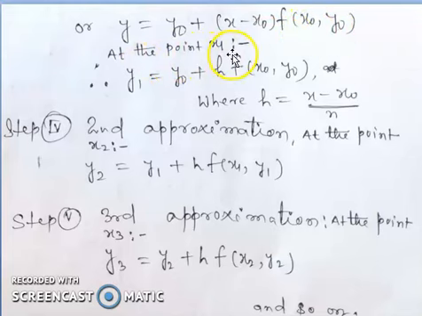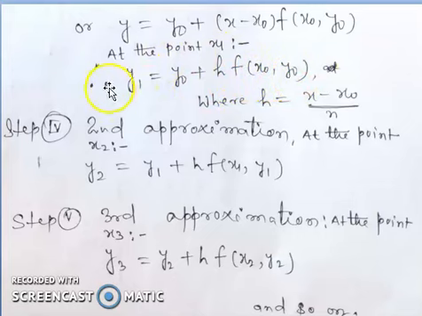So at the point x1 it becomes y1 equal to y0 plus h of f of x0, y0, where h equal to x minus x0 divided by n. So this is the first approximation formula, y1 equal to y0 plus h of f of x0, y0.